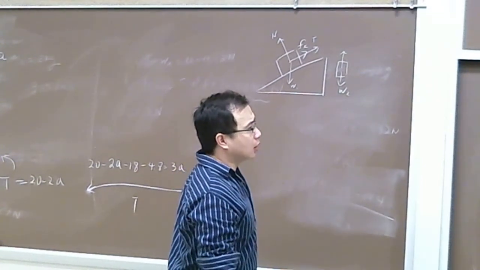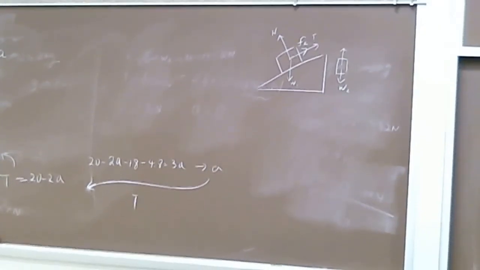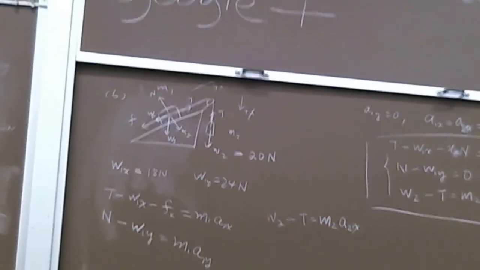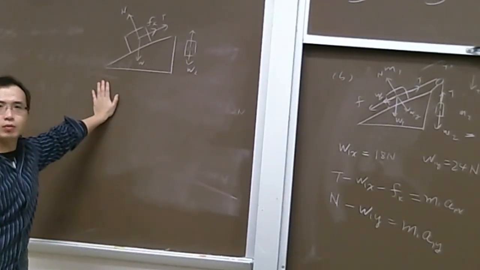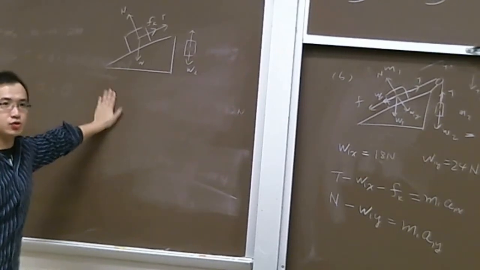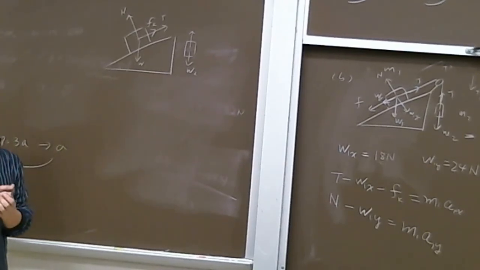Can you, by looking at this equation, tell me how to write down the three equations for this situation? Just modify that. Because it should be almost the same, there will be only a little bit of modification.